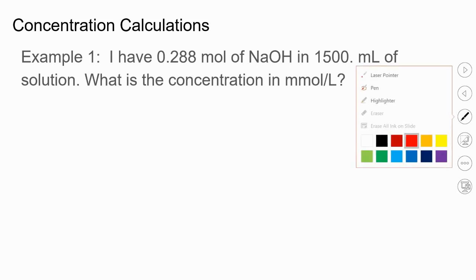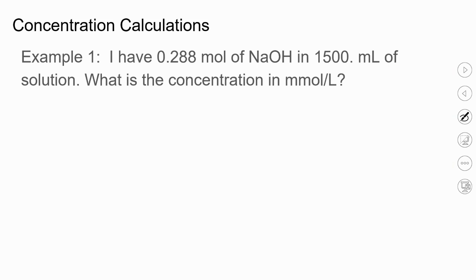I know it hasn't been working, but we'll try it. This is the unit I need to end up with: millimoles per liter. The units it asked for tell me how to do the problem. I just need to find millimoles and divide that by liters, and that's my answer.